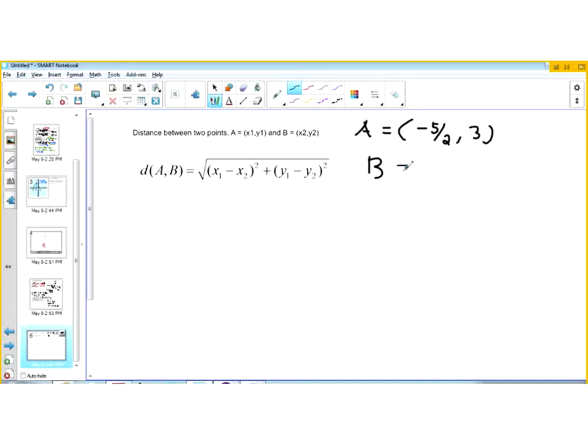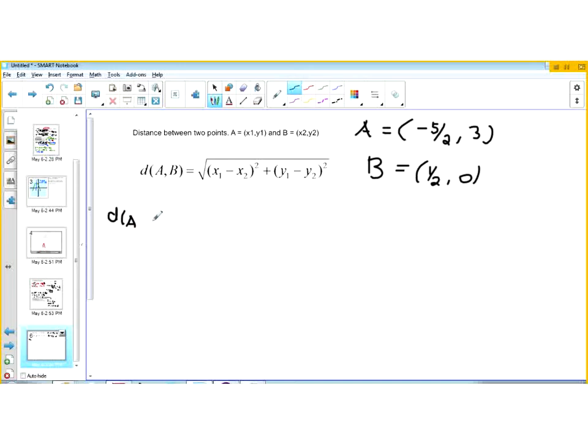And we let B equal negative 1/2, or how about a half? Let's make it a half. 1/2, 0. All right, so what we're pursuing here is we want to find the distance between A and B.